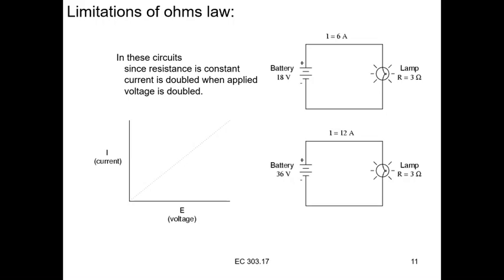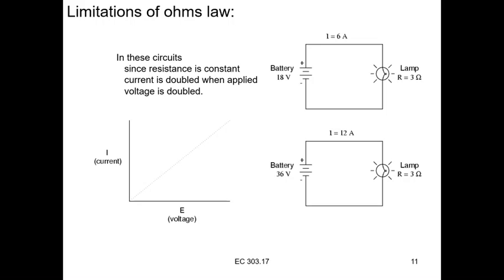And you take another battery of 36 volts, connected across the same bulb, that is R equal to 3 ohms. Then the current flowing through that bulb is 12 amps, because I is equal to 36 by 3, that is 12 amps.